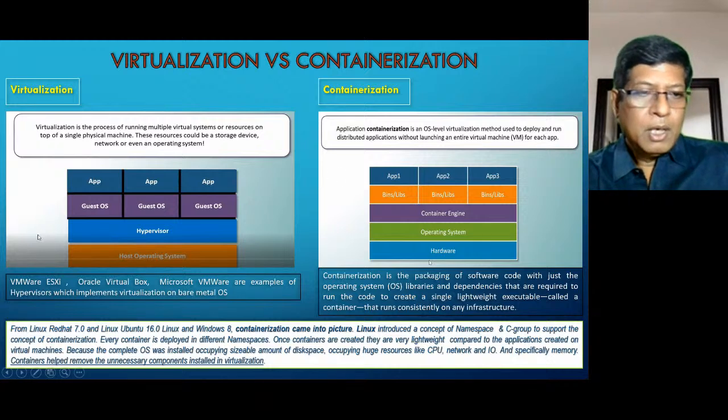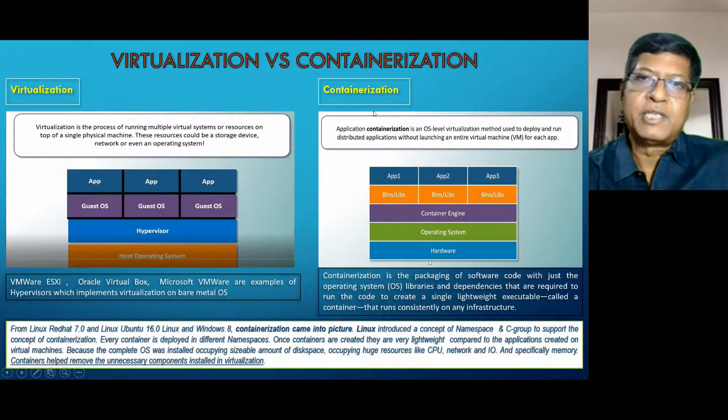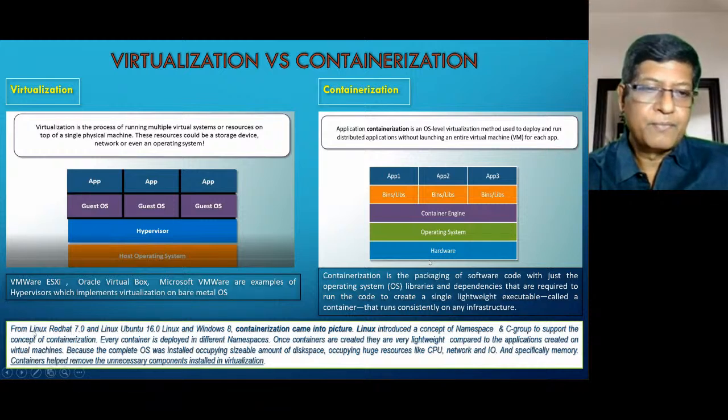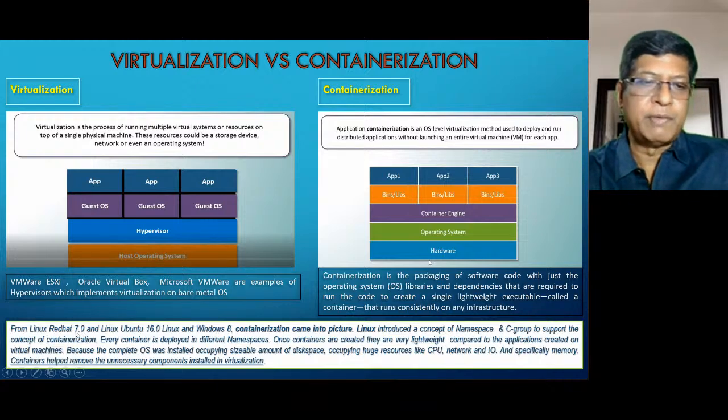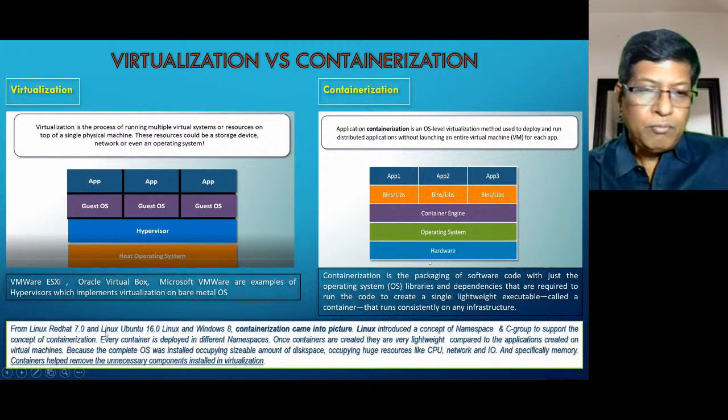So, whom do I credit this? This virtualization, this containerization, who was the brain, whose brainchild is this? Linux, Red Hat. Red Hat Linux started with the 7.0 version of Red Hat and the Ubuntu Linux.